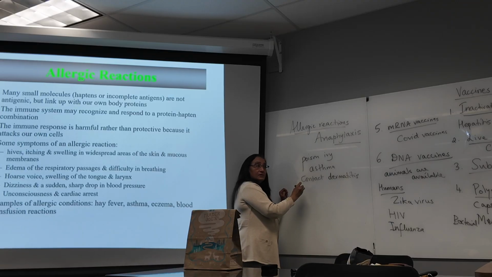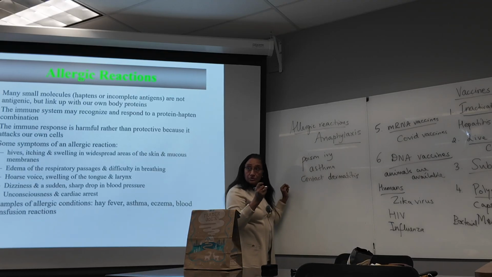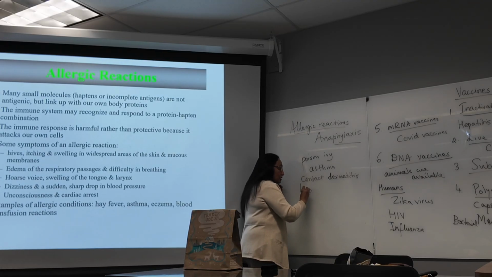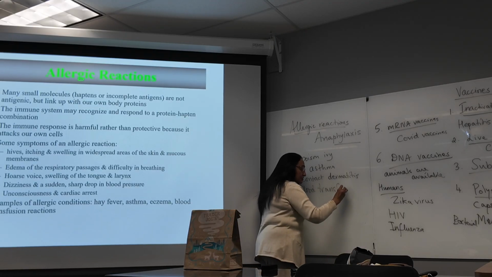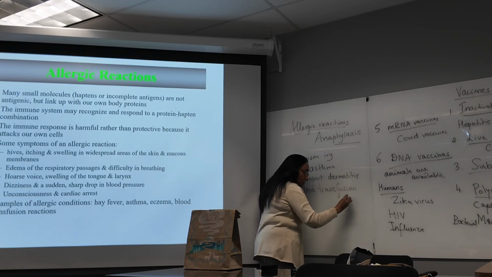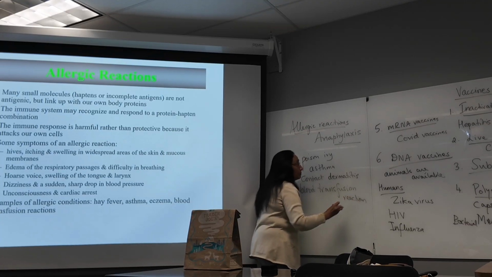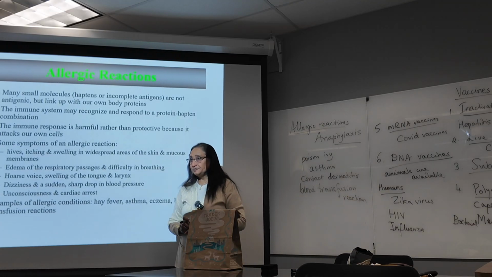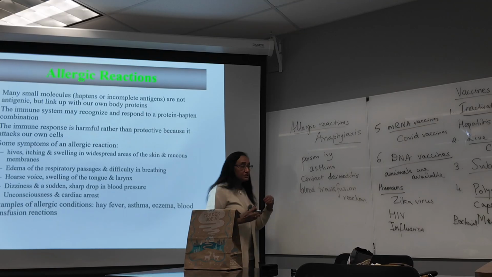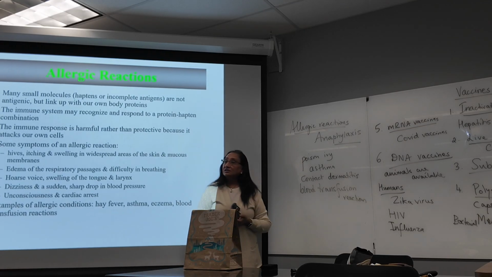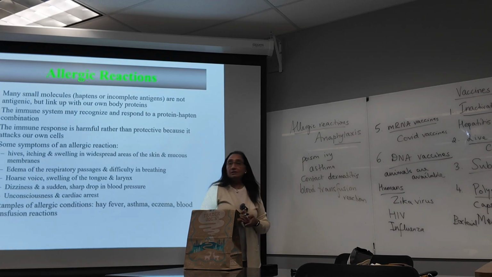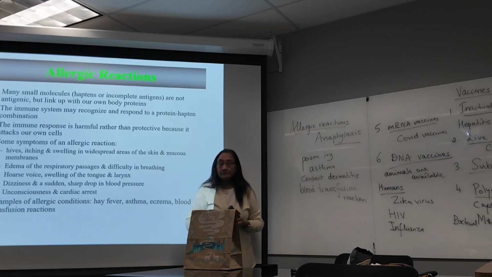And blood transfusion reactions. When you give the wrong type of blood, a blood transfusion reaction is also an example of an allergic reaction. You have to match the blood type. If you give the wrong blood type, that reaction is also an anaphylactic reaction.